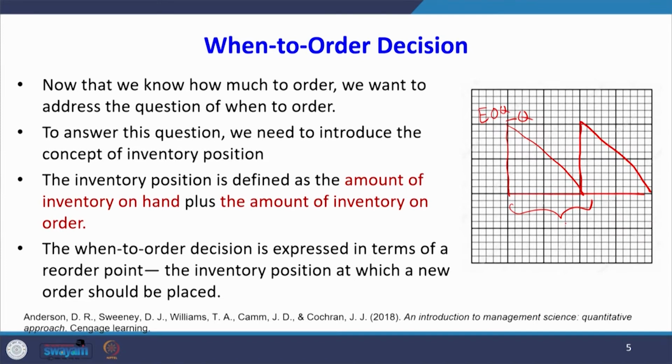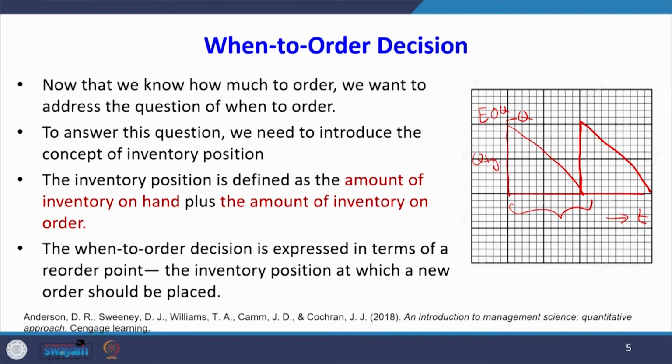This answer we are going to get now. Now that we know how much to order, that is the value of Q, we want to address the question of when to order. We know the x axis is the time and the y axis is quantity. To answer this question, we need to introduce the concept of inventory position.